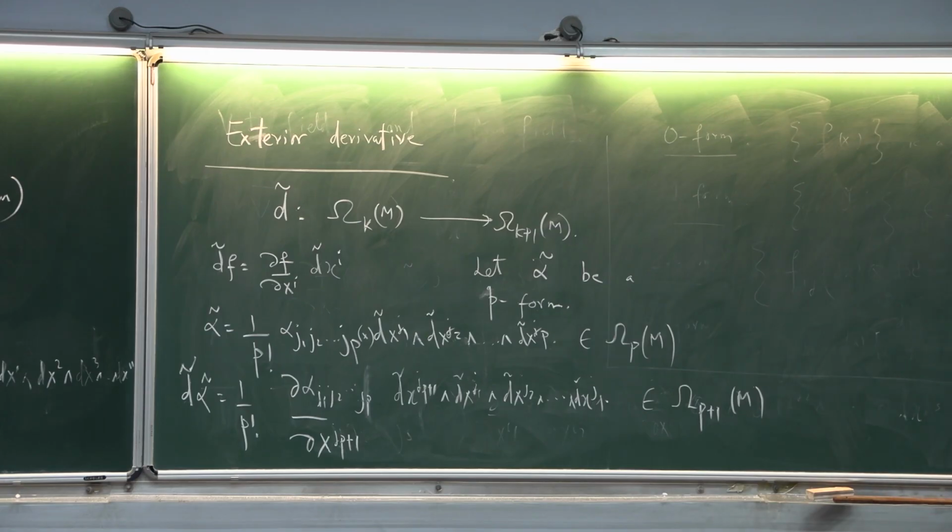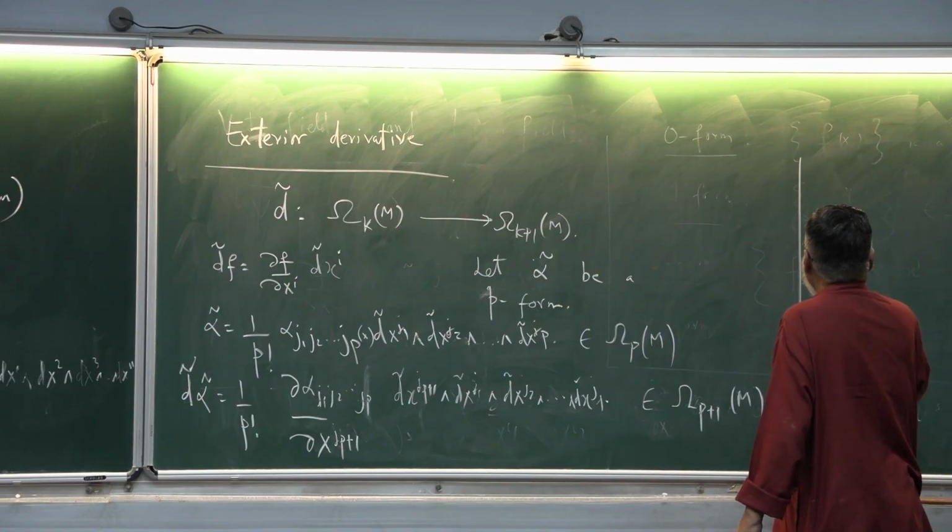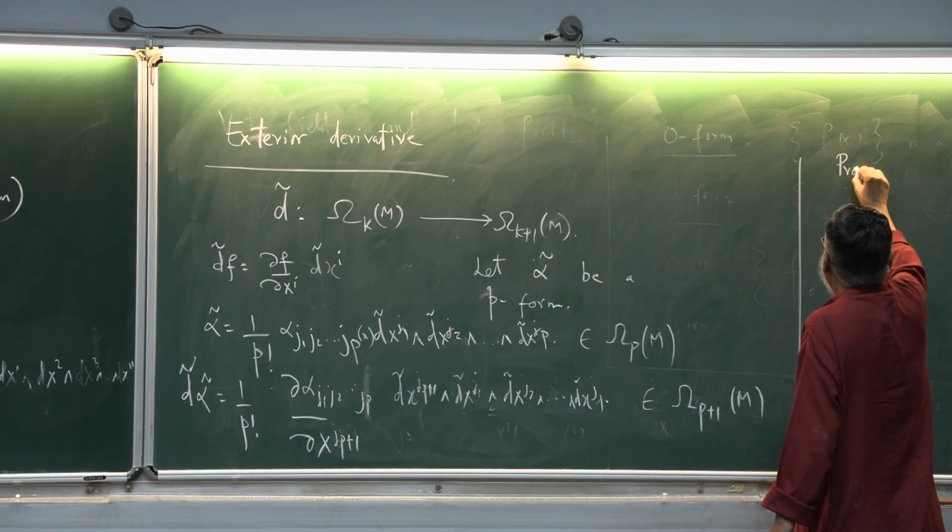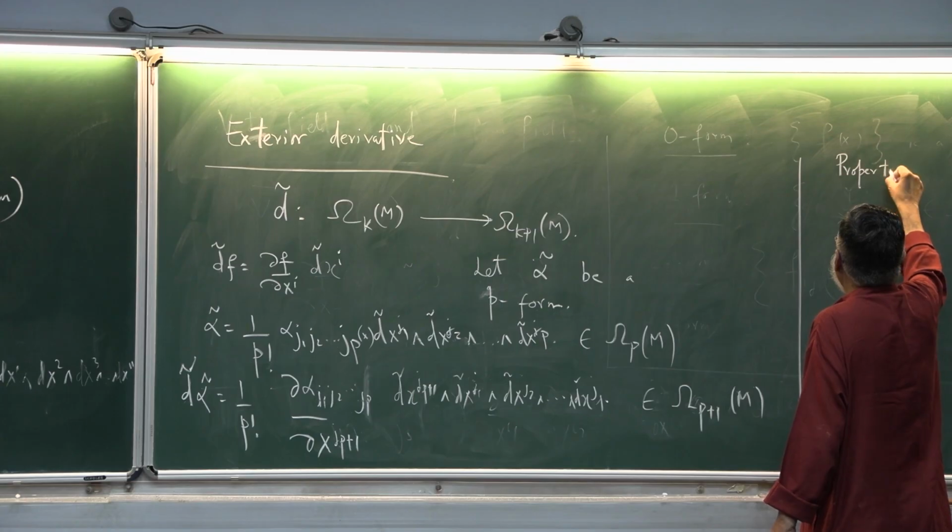So now we know how to take the exterior derivative of alpha. From all this, you can get some properties, so I'll now list some properties of the exterior derivative.